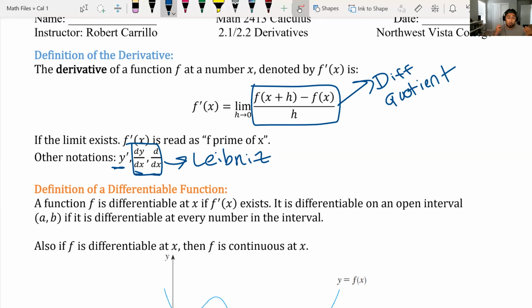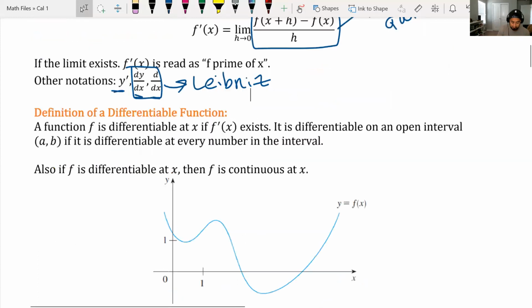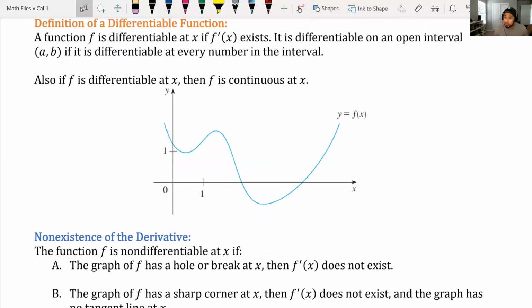That's what it does. The derivative finds the slope of the original function at a given value of x, at one given value of x. So that's what the derivative does. It finds the slope at one given point of the original function. Okay. That's what the derivative is. That's what the derivative does.